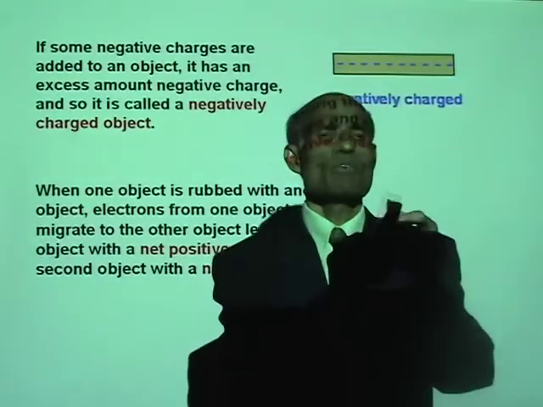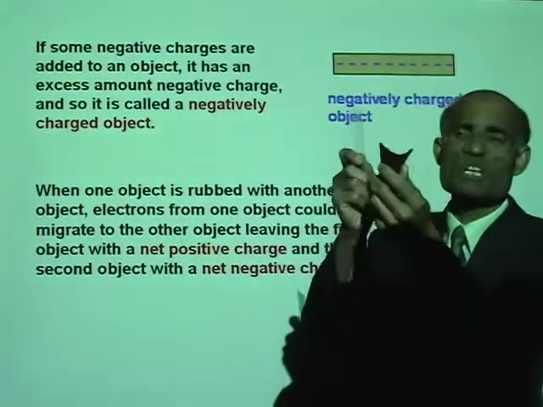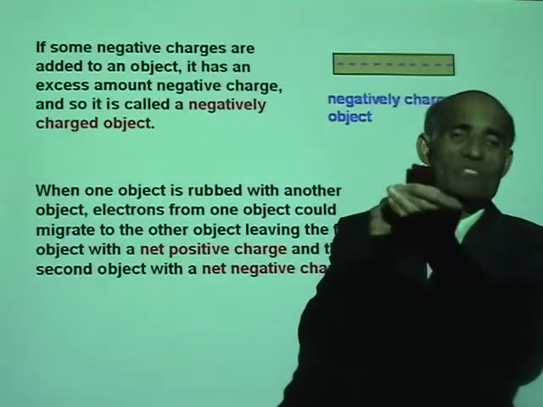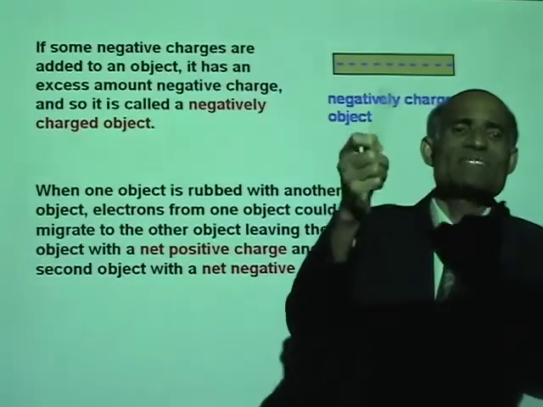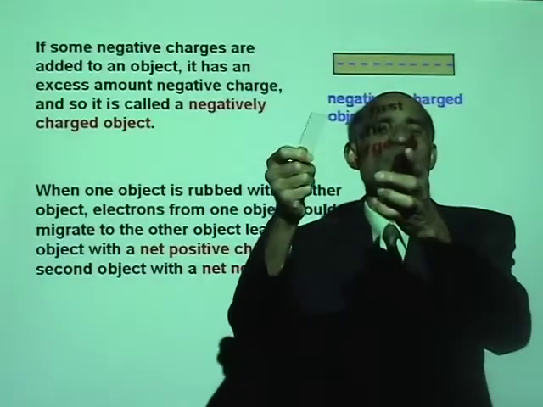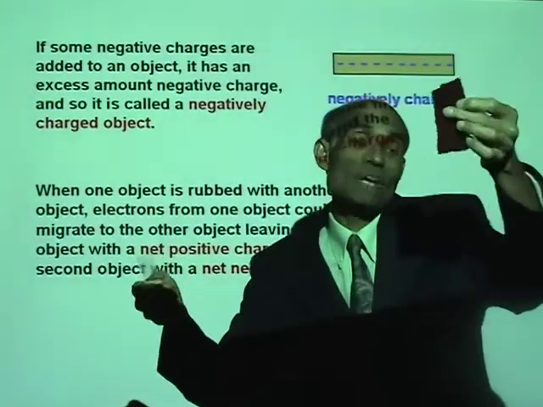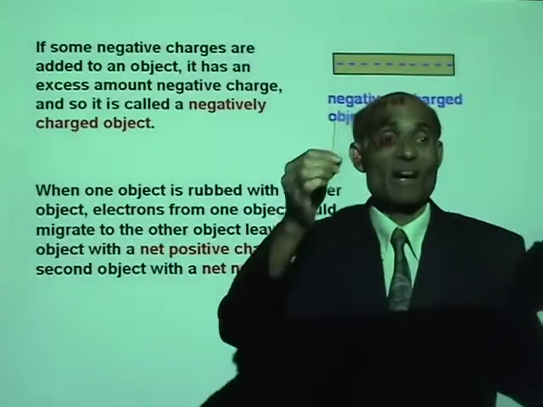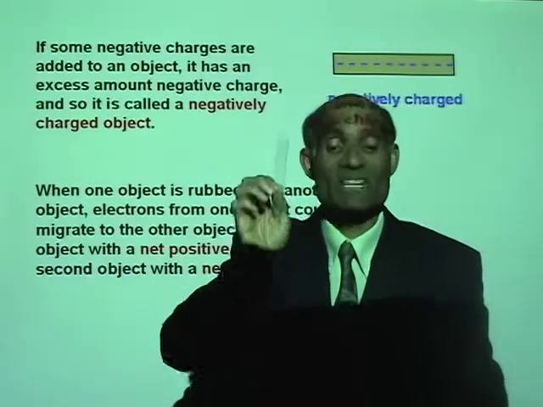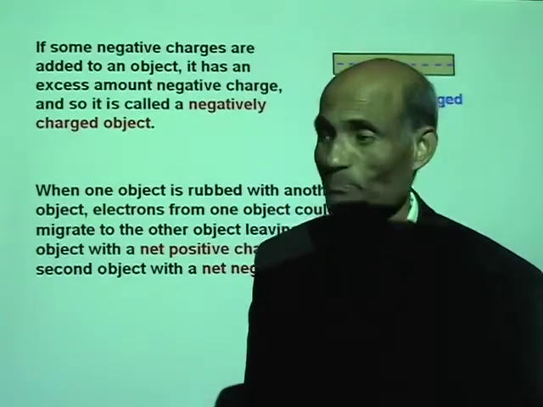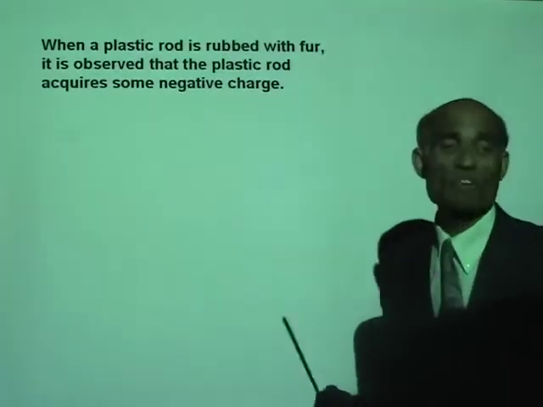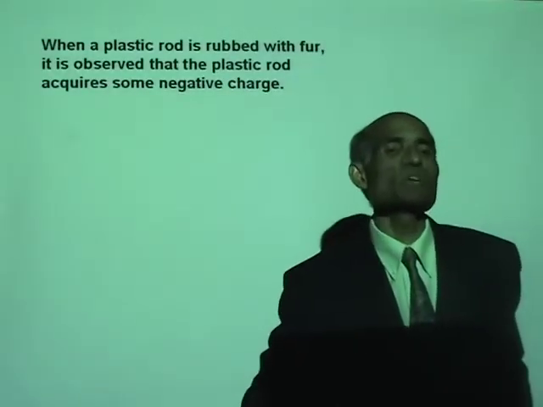So look at this. When I rub this plastic sheet with the piece of wool, what happened? The plastic sheet took away some electrons from the piece of wool. So the piece of wool has a net positive charge, and the plastic now has a net negative charge. When a plastic rod is rubbed with fur, well, I used a piece of wool.